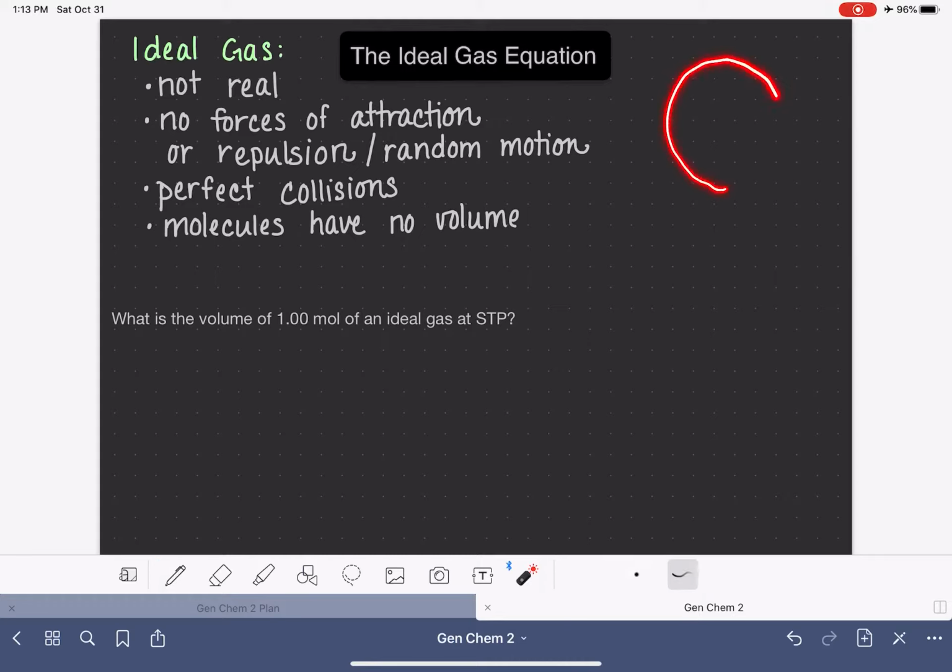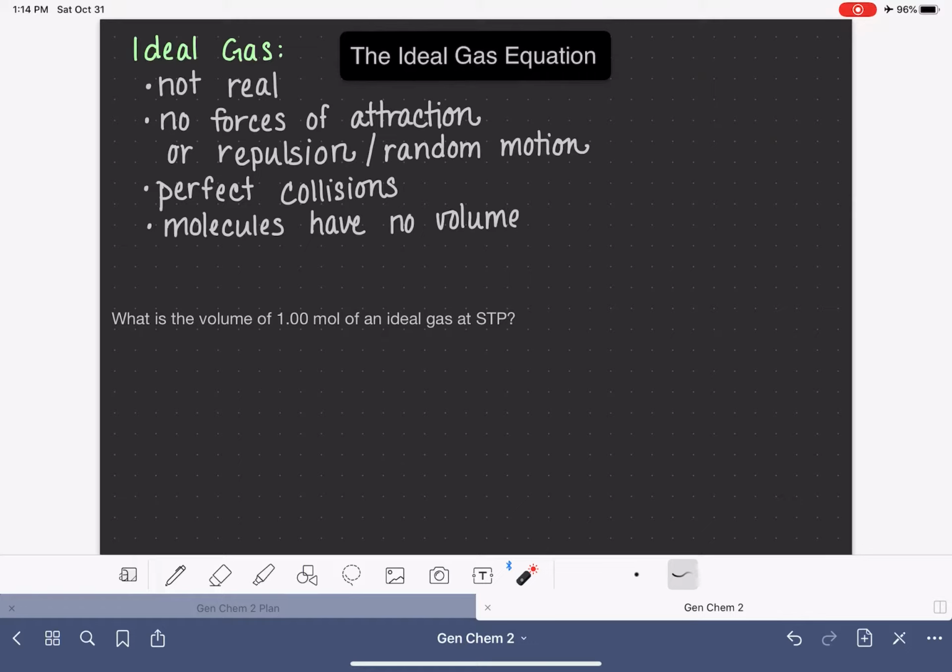So if we had a balloon and we wanted to describe the volume of the gas inside the balloon, we would just use the volume of the whole entire container. We would say this is the volume of the gas. We would not take into consideration that inside this balloon we have several molecules of gas, and each one of those molecules has its own volume. We would not take the individual gas molecules' volume into consideration.